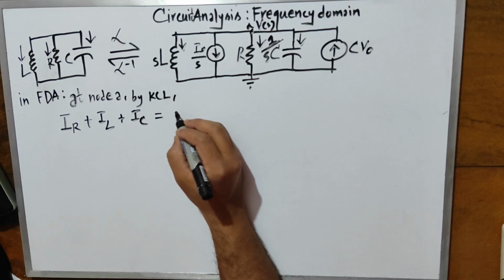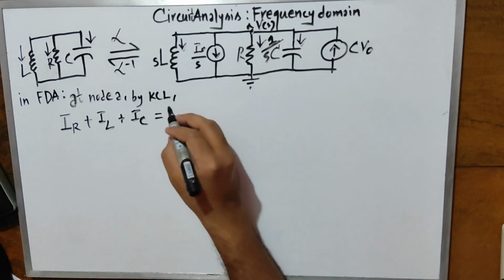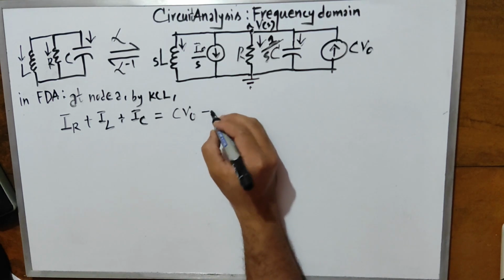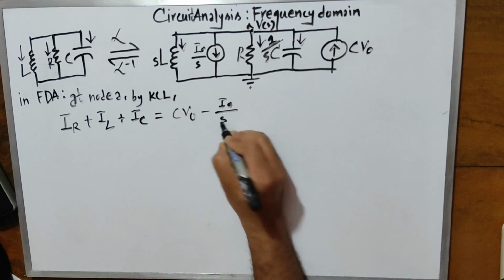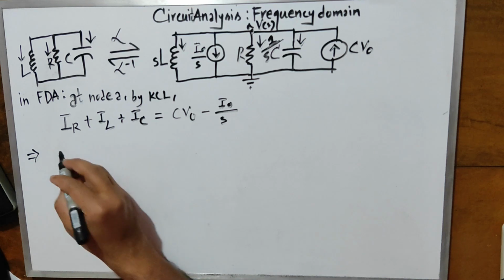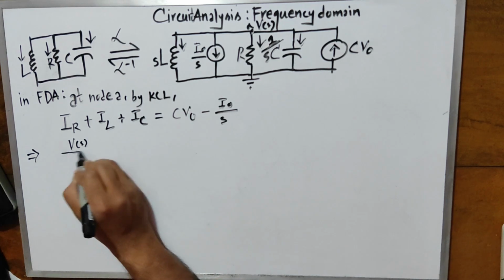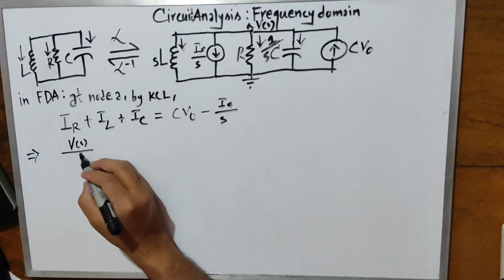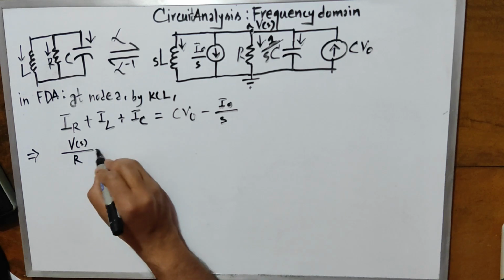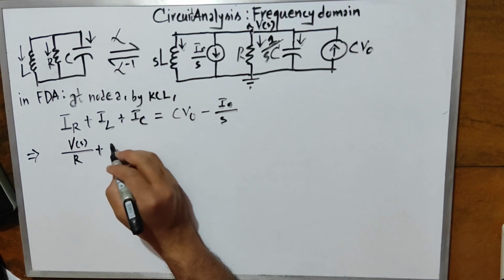The incoming current, there is only one: this current source is incoming to the node, so CVO, minus, this is outgoing actually, IO by S. Now the current through the resistor is V, the node voltage in Laplace domain or complex frequency domain, which is S domain, by R. R is not a function of frequency S, so R is R, no change there.